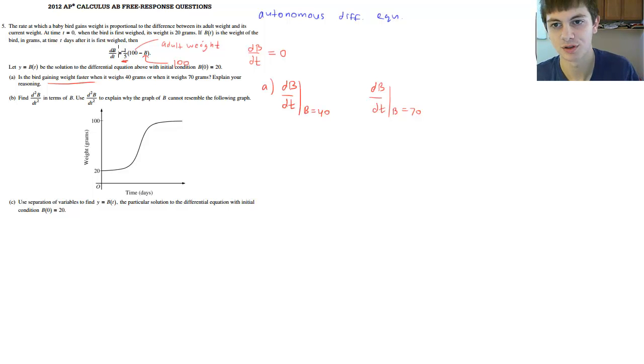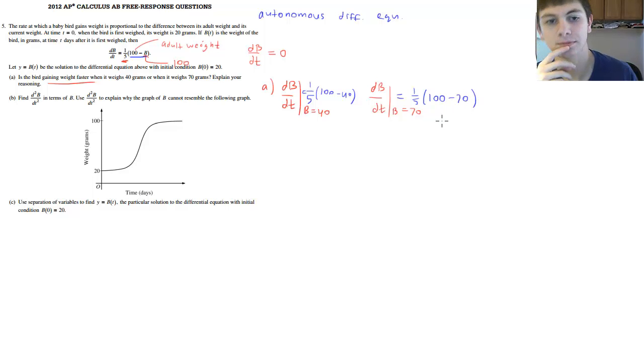So now we basically need to look at which of these scenarios makes this middle term bigger, since if you multiply something by 1/5, the bigger one's still going to turn out bigger. So here it's 1/5 times (100 minus 40), and here it's 1/5 times (100 minus 70).